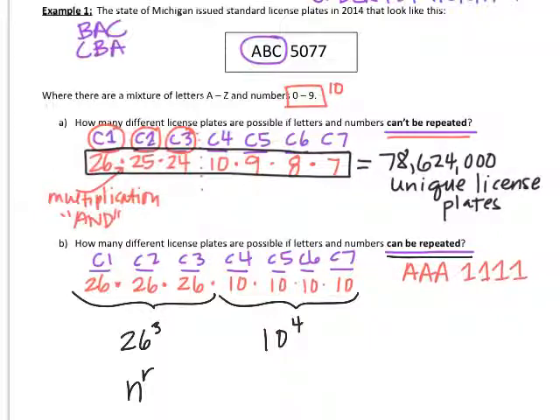So we're taking n total items that we have to choose from, and then we're raising it to the power of items that we have to put into our formula. So again, 10 to the fourth would be represented by n to the r. And that's when things can be repeated.